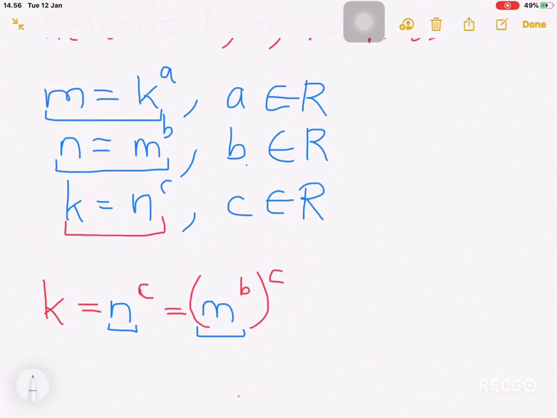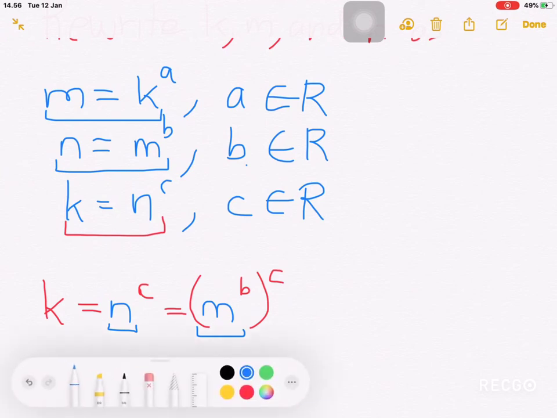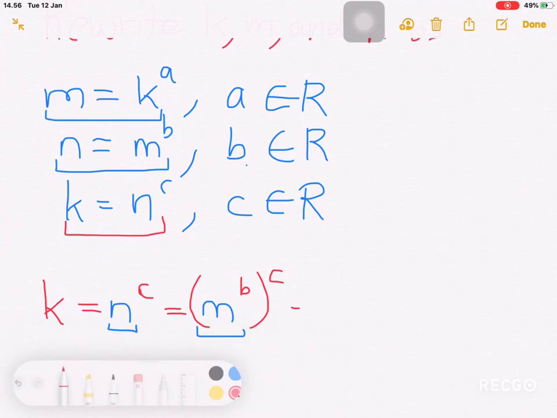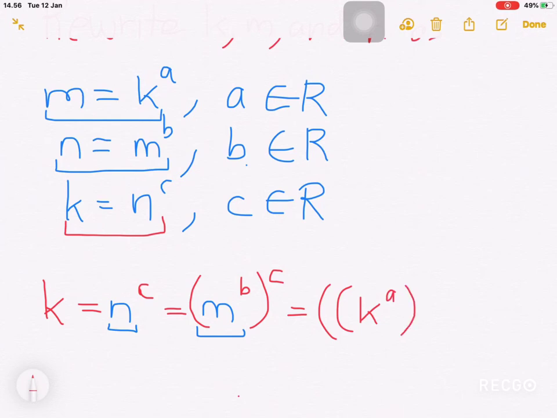It's equal to m equals k to the a. So we have double parentheses, k to the a, closed, then b, closed again, and then c. Notice we have k to the a, raised to the b power, and then raised to the c power.